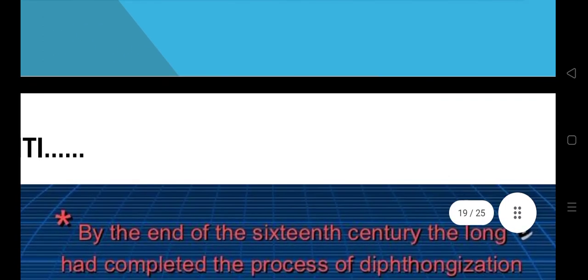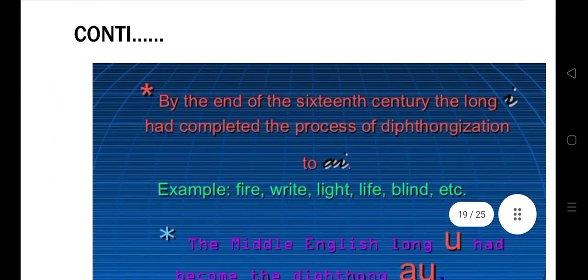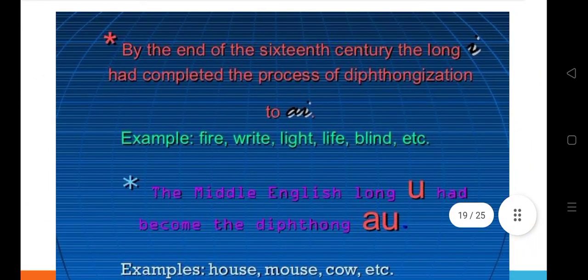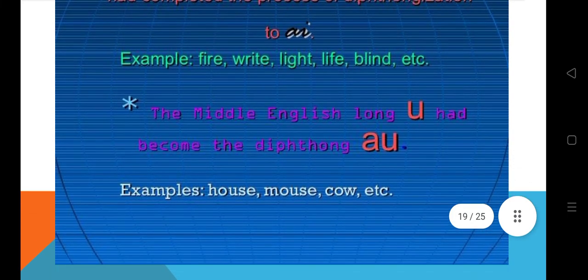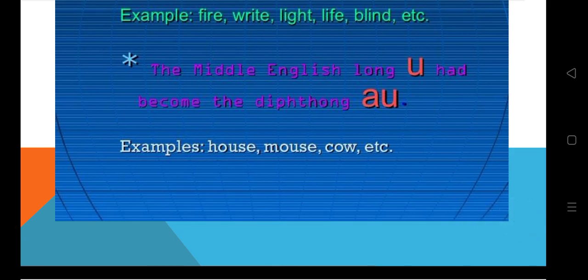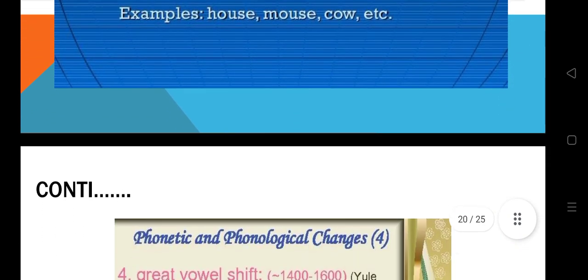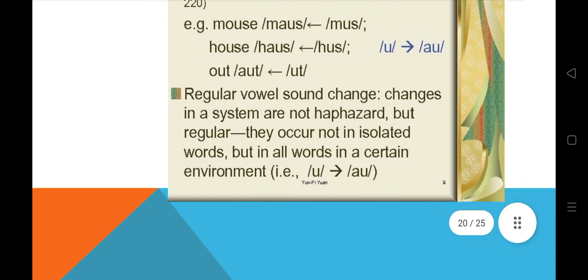Now, by the end of the 16th century, the long E had completed the process of diphthongization. These are all related to sound changes, changes in pronunciation.